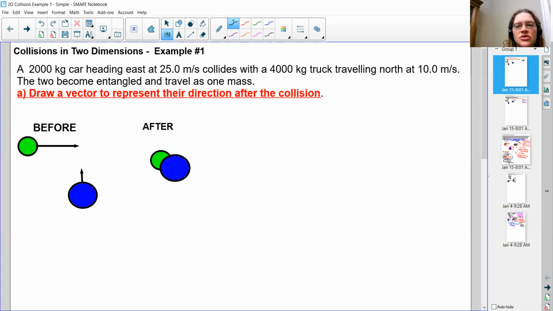Hopefully, and most students do, pick a direction that is a combination of the vector that is pointed to the right and the vector that is pointed up. So there's some sort of vector that is a combination of something like this. That's what most students would think with their physics gut.